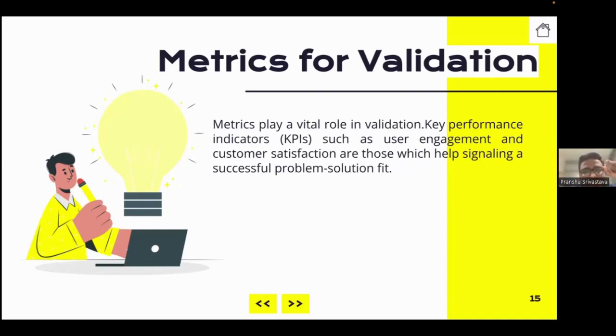So you actually have to be very flexible in the KPIs or metrics, which will help you to create a successful problem-solution fit, which is the key. If you are not iterating with multiple validations with respect to data, then we are missing out on something. So that is very important.